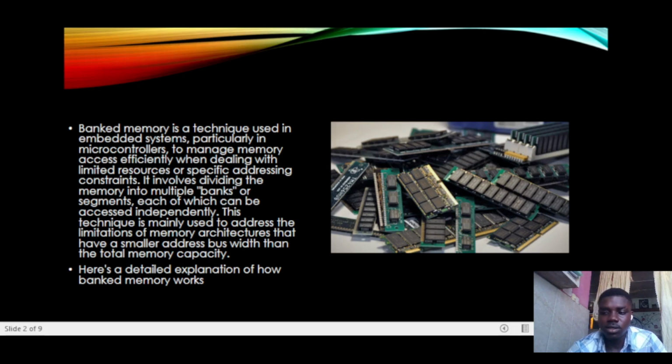But within the storage, within the hard disks and the RAM chips, there are storage locations which are called registers. That's where the data that we access is being kept.